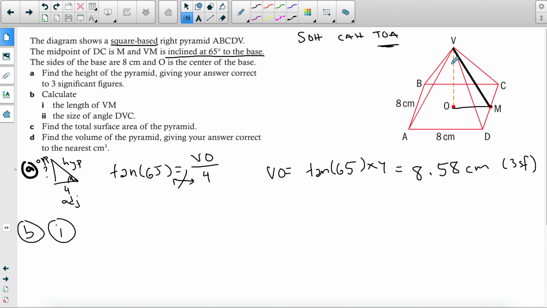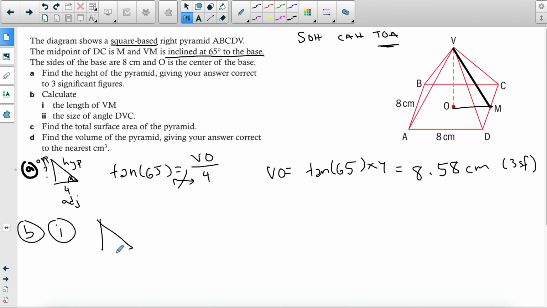The reason we tend to avoid that is because you might have made a mistake here and you might have rounded too much, so it might change the answer to VM. So we tend to like to use values that are already in the question and not reuse values that we've already found unless it's necessary. We will be using VM and VO in the other parts of the question, but if you can avoid using them, that would be great.